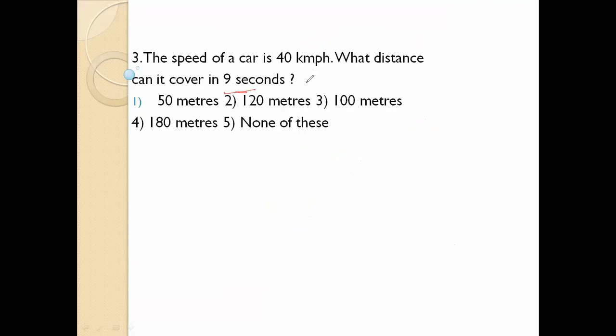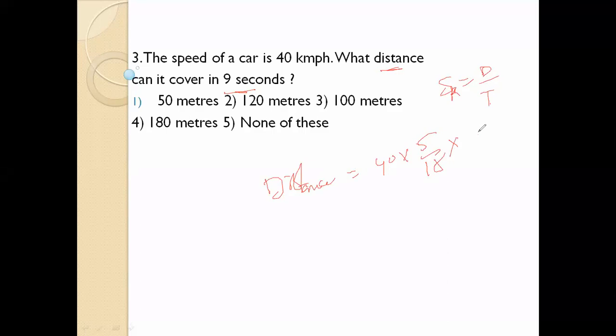Speed equals distance by time, so distance equals speed into time. Speed value is 40 kilometer per hour, converted to meter per second by multiplying with 5 by 18, into time which is 9. Simplifying, 20 into 5 is 100. 100 meters. Option number 3 is the right answer.